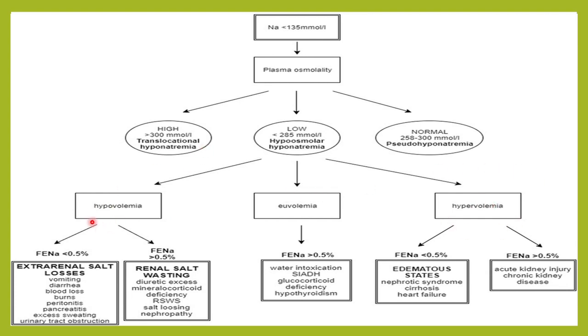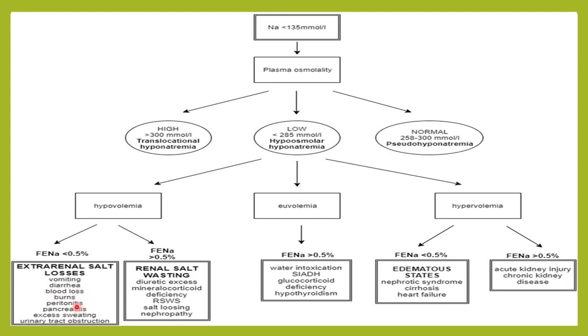So what are the conditions which can cause hypovolumia and low sodium concentration? Conditions which can cause hypovolumia could be extrarenal or renal. Extrarenal causes are vomiting, diarrhea, if the patient is losing blood, burns, excessive sweating.